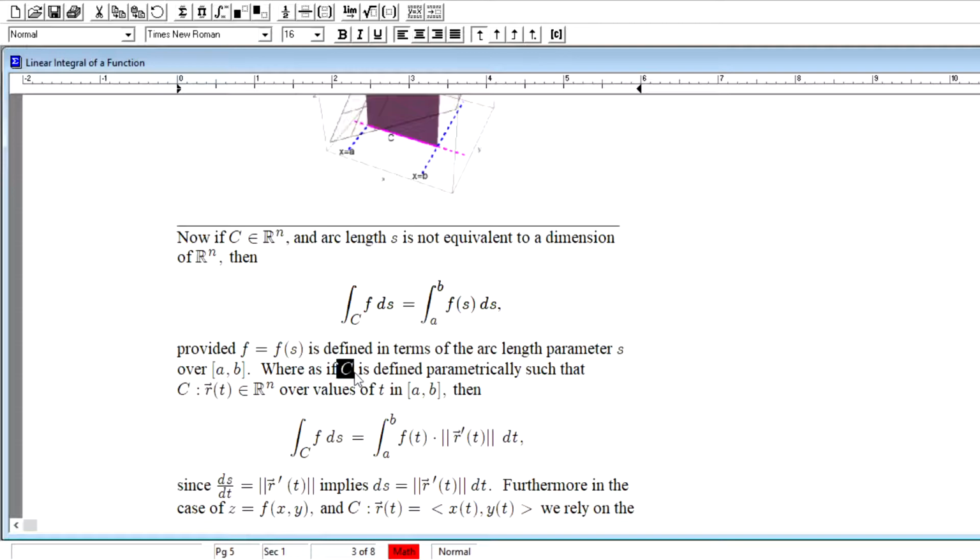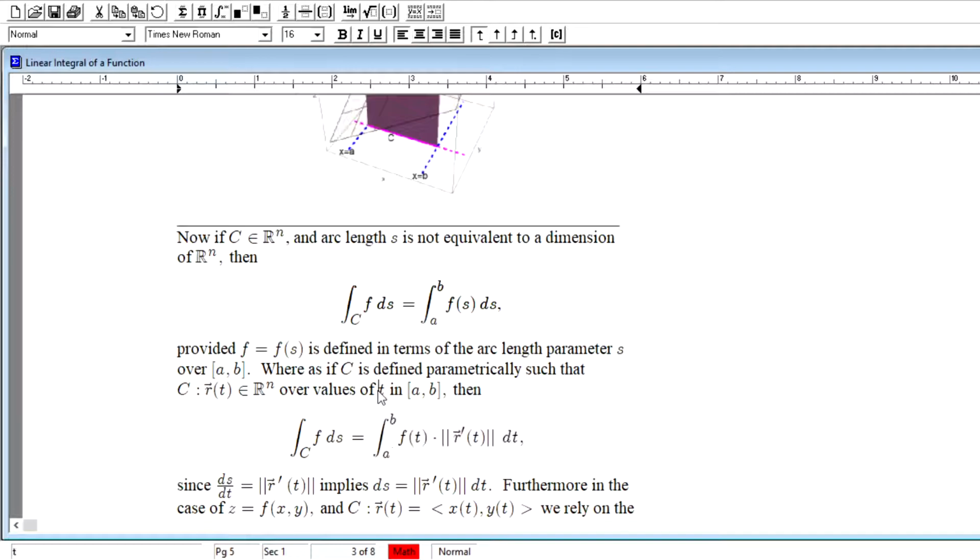Where if we then consider this setup where C is defined parametrically by the vector valued function R bar of T contained in R sub n over values of T in the closed interval from A to B, then what is going to be true about this linear integral operation on function f over C with respect to the arc length S is that it will be equivalent to this calculation in terms of just any parameter T here.